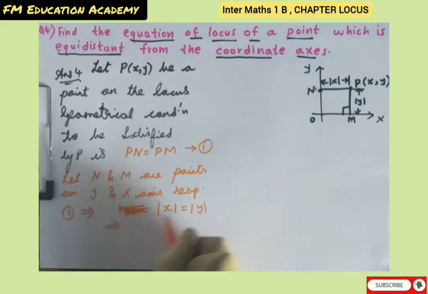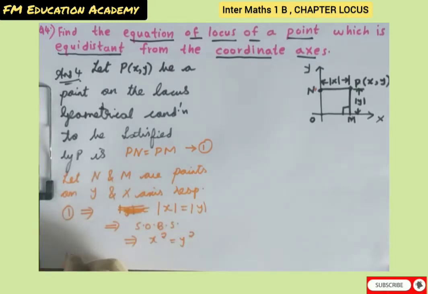We want to remove this modulus, so we will square on both sides. When we square both sides, x whole square is x square and y whole square is y square. So we get the equation x square minus y square is equal to 0. Let this be equation 2. Now for finding the locus, we have to do the verification. How to verify?